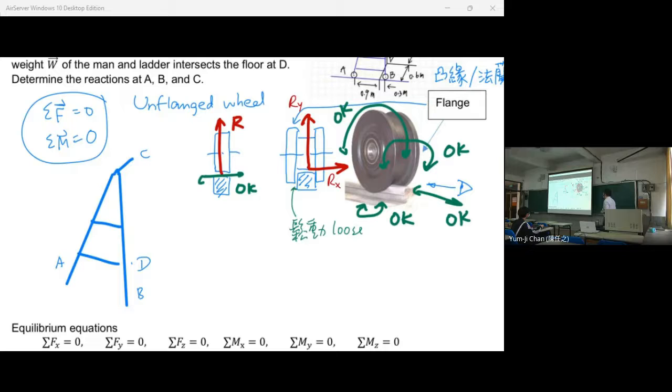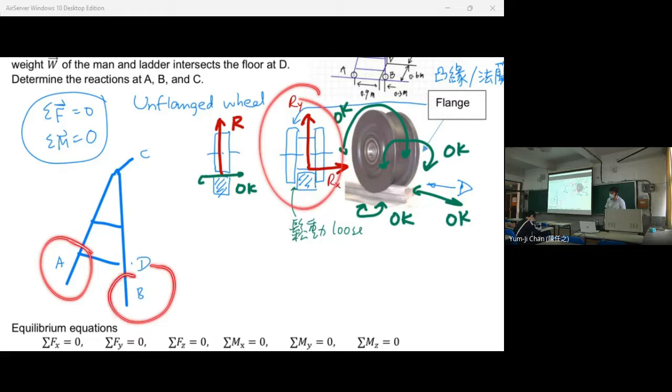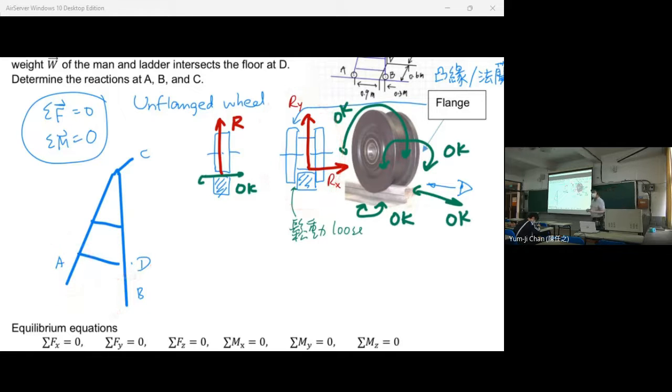Now, let's put them into a free body diagram. So we have the flange wheels at A and B. Let's do them first.